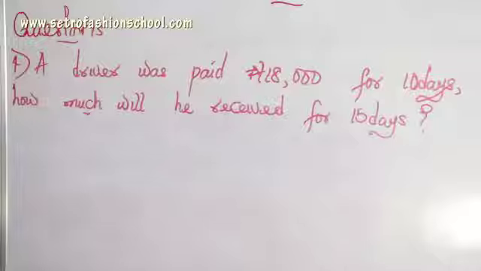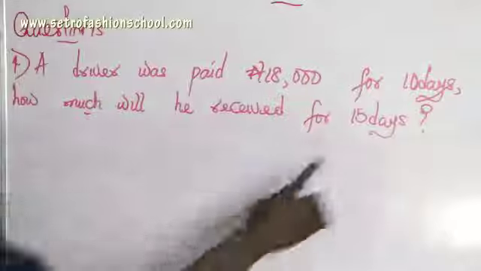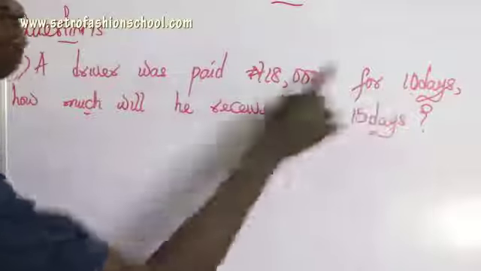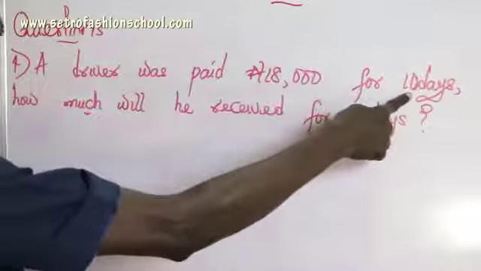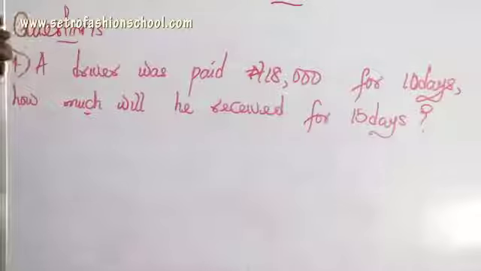First, one thing you need to do first, you need to know how much you are being paid for 1 day. That makes your money become 18,000 naira in 10 days. Then it will be easier for you to calculate the amount you are going to get for 15 days.